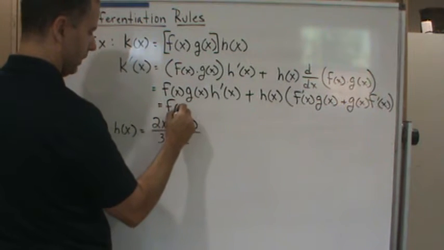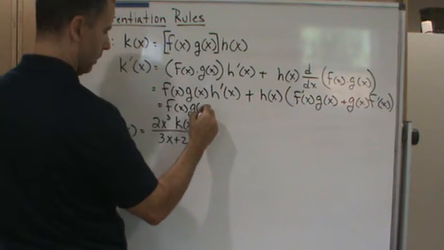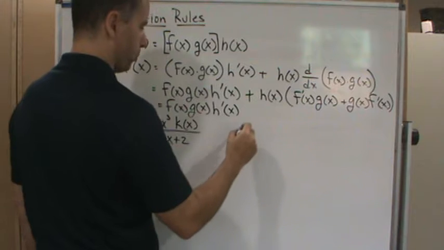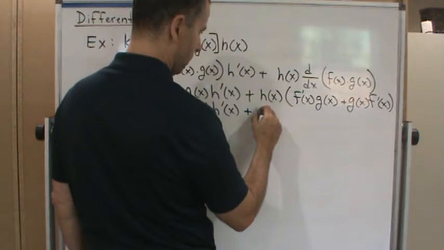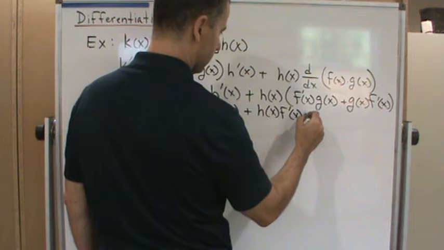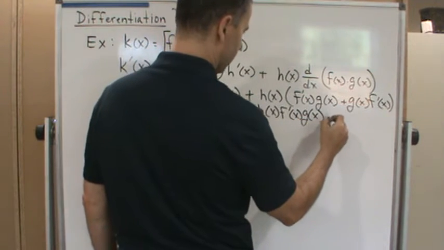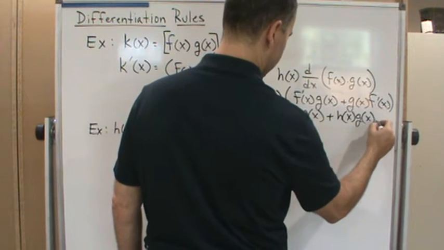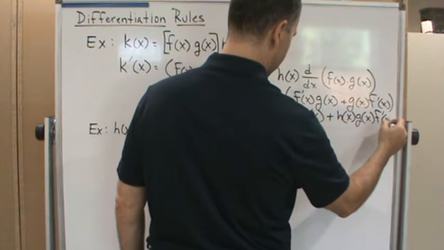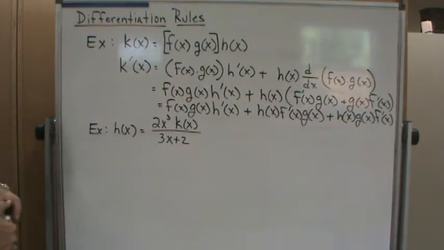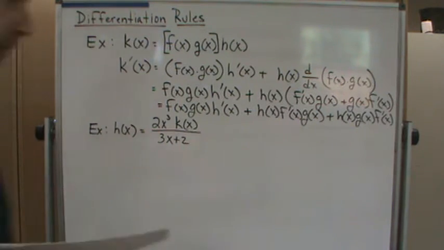So this is going to be f of x, g of x, h prime of x, plus h of x, f prime of x, g of x, plus h of x, g of x, f prime of x. And I believe we're finished. I think that's it.